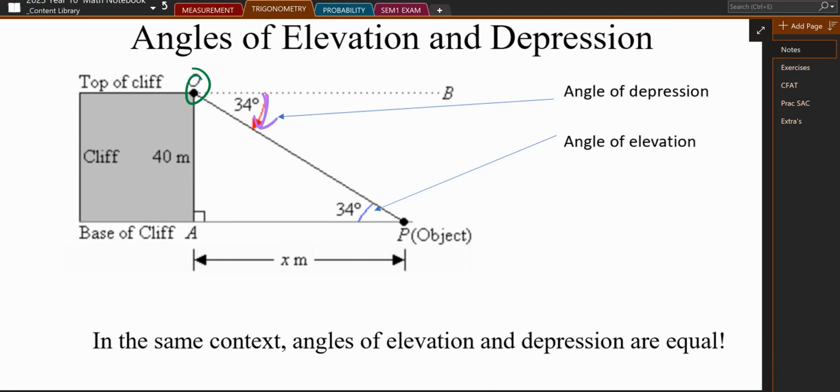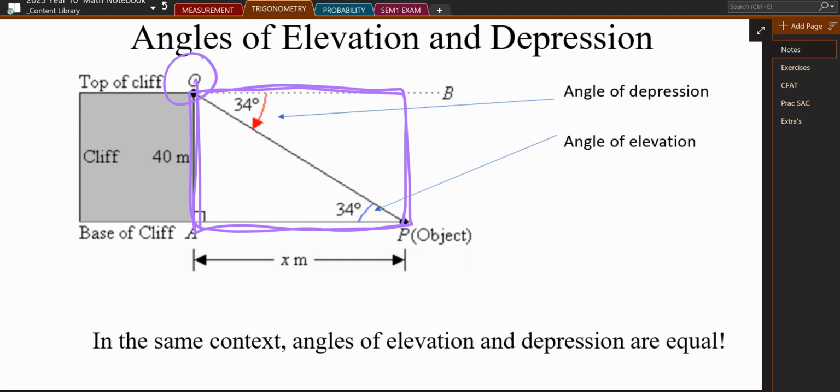Now the interesting thing is, when you have these sorts of questions, you can create a rectangle within your subjects, and what you often find is some of the angles actually equal one another. So if you're at the top of the cliff, right here, and here's your horizontal, and you're looking down at something, it creates an angle of depression. In this case, the angle of depression is 34 degrees.